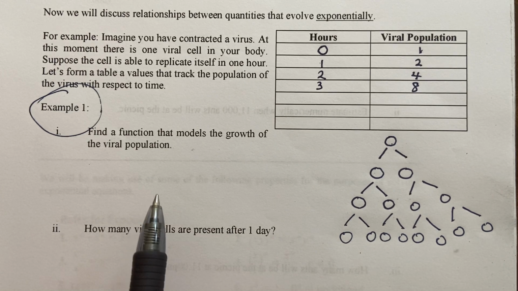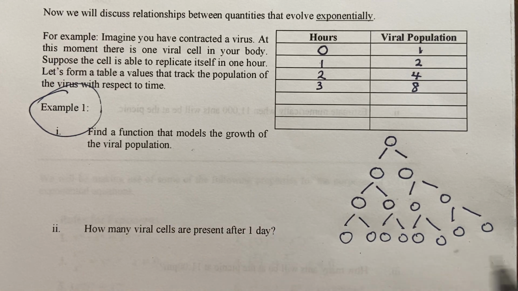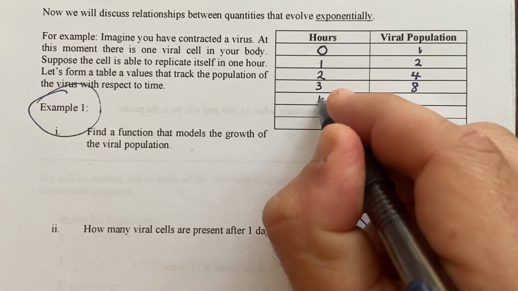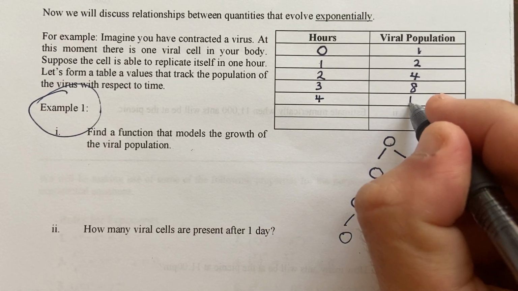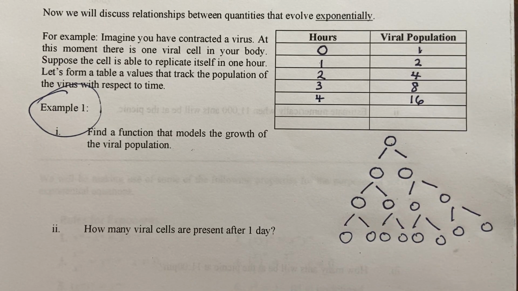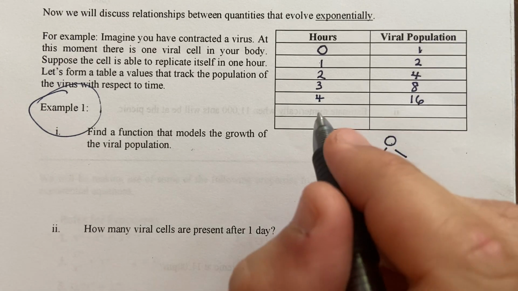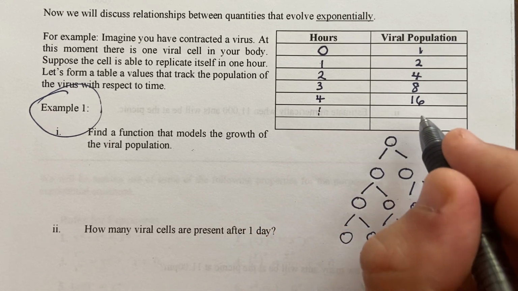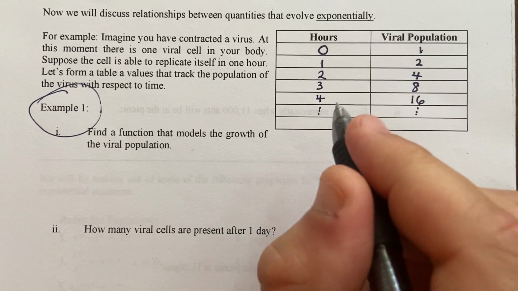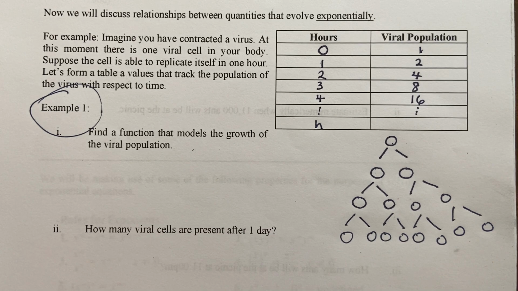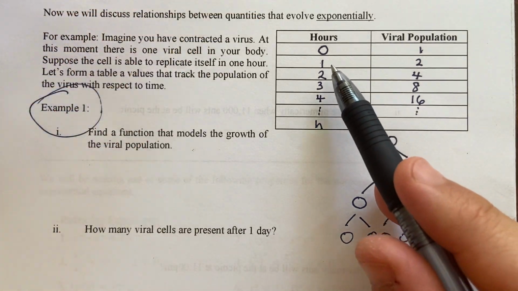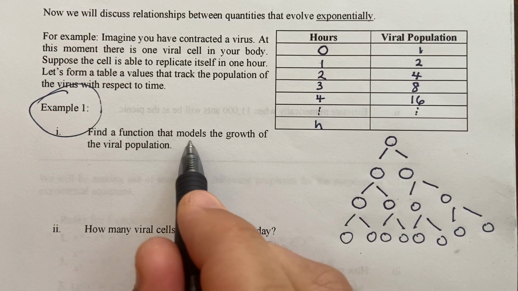After a fourth, I'm not going to draw a picture, but I would have now 16. You can start to see this. Okay, ultimately what we want to do is say, okay, what about just after H hours? Right? We don't want to stick with this in particular because we want a model.